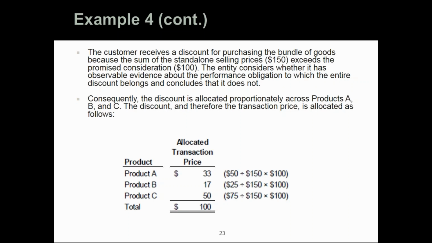I'm going to refer you to ASC 606-10-32-37 for examples of situations where it would be appropriate to allocate the discount to only one of the products in the bundle. It's somewhat complex, and just in the interest of time with this webinar, I don't want to get into too many specific examples of allocating the discount to one specific product.